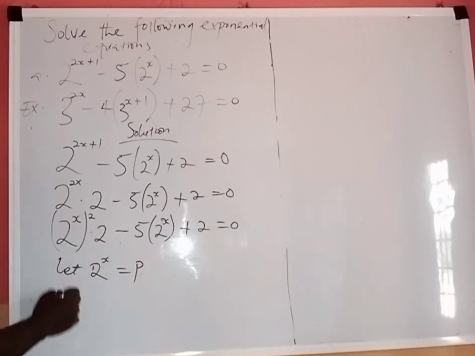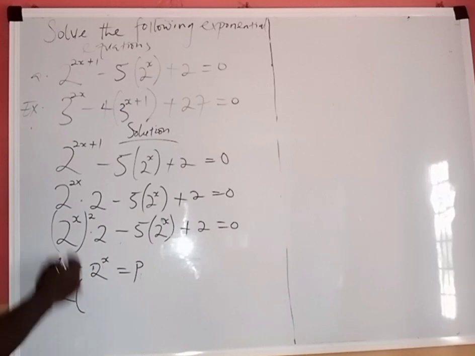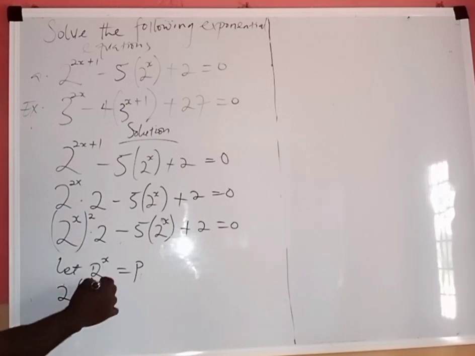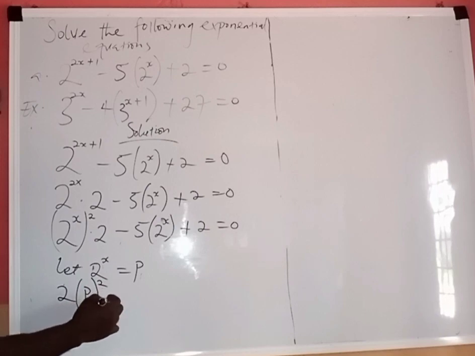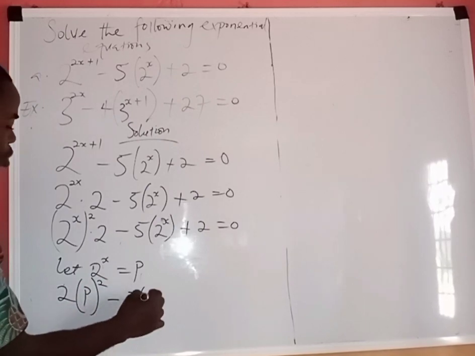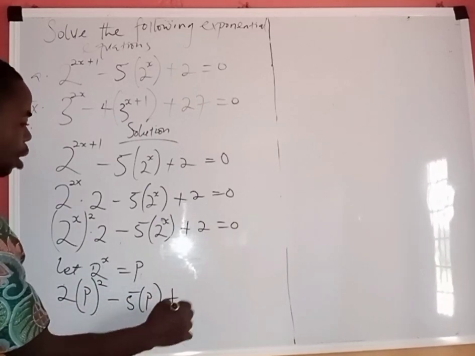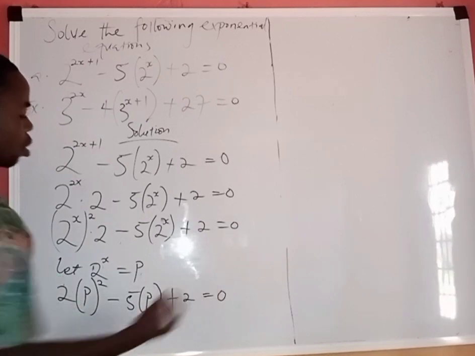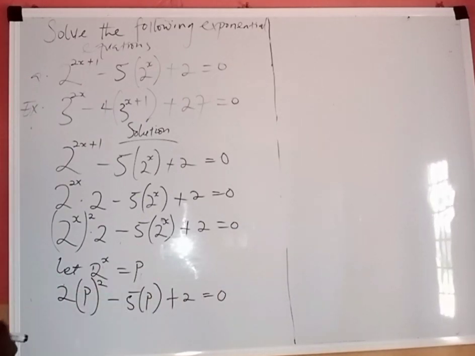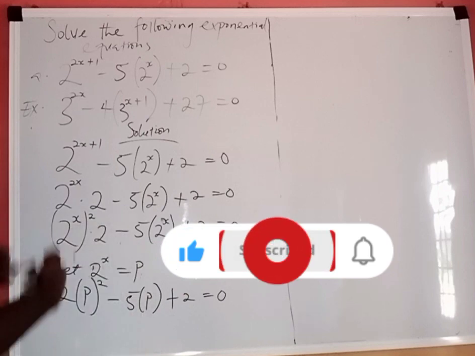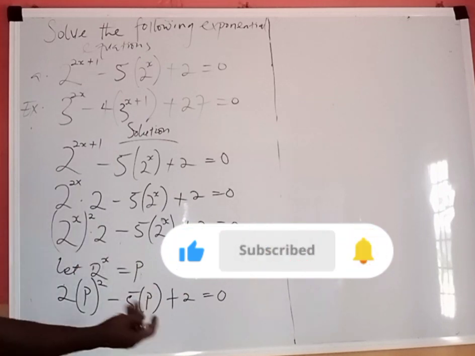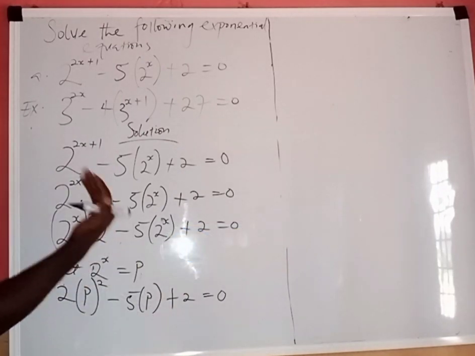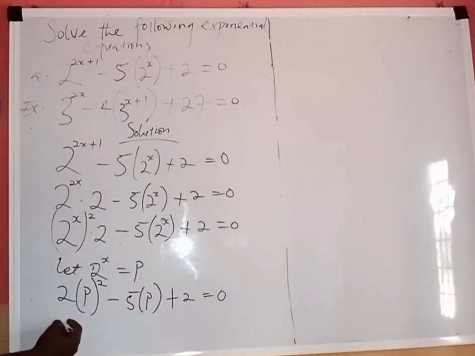If that happens, we are going to have 2 into p squared, minus 5 into p plus 2 equal to 0. This is our new equation, and to make it look more like a normal quadratic equation, we can open all of these brackets.